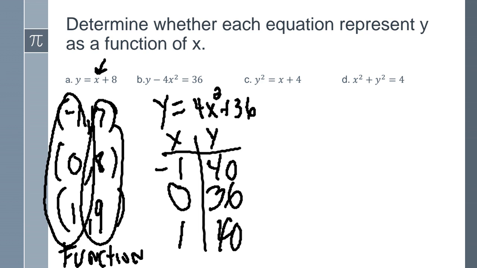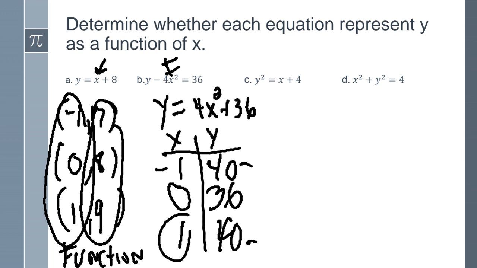But remember, the y value doesn't matter if that's repeated, as long as your x values are not repeated. And the number 1 is always going to provide a 40. It's never going to give you anything else. And so this is also a function.